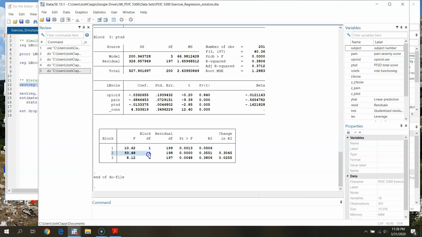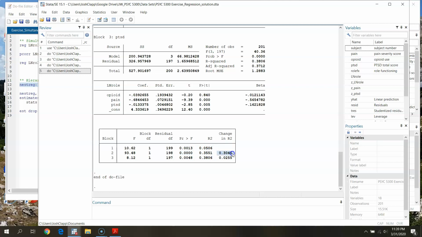When we have pain in the model, and again, this is looking at our change in R squared, we're seeing the change in our R squared from 0.05 to 0.355 associated with an F value of 93.48, and very clear evidence here of a substantial, non-zero increase in our R squared value from step 1 to step 2.